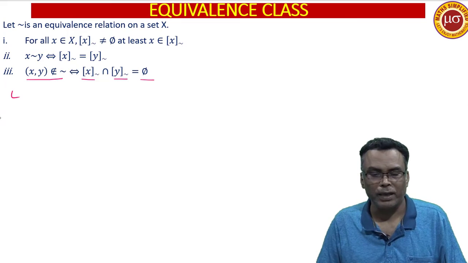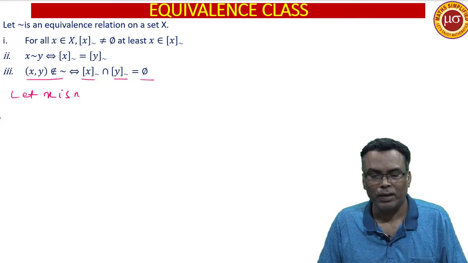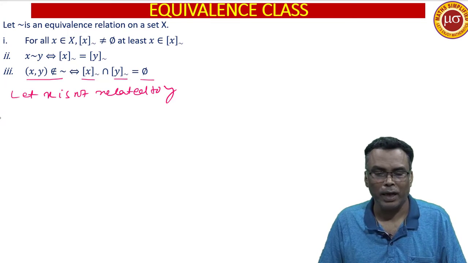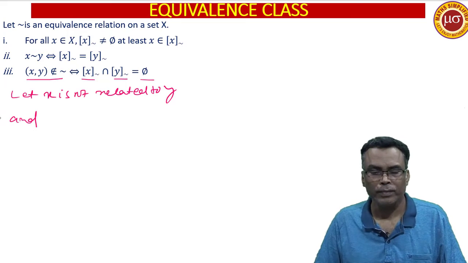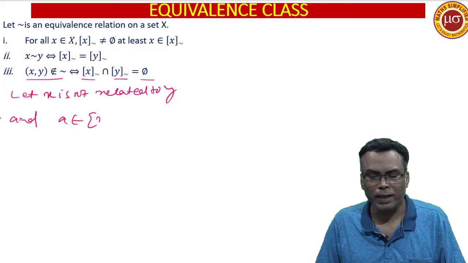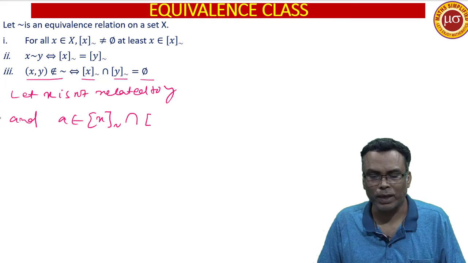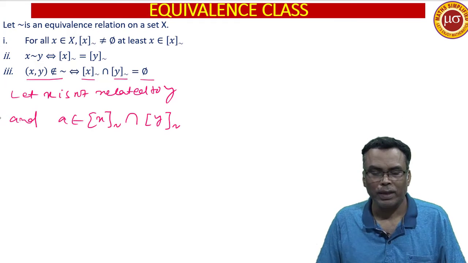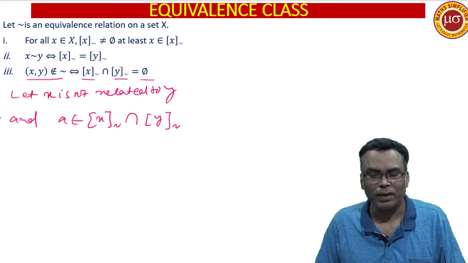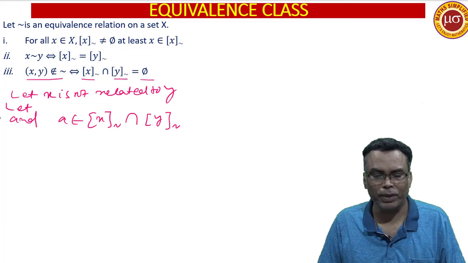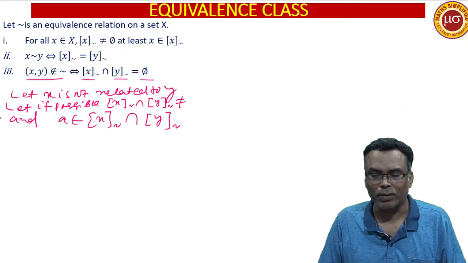Now, let x be not related to y. We must consider that the intersection of the equivalence classes of x and y is not phi. We will prove by contradiction. Let, if possible, the equivalence class of x intersection the equivalence class of y is not equal to phi.